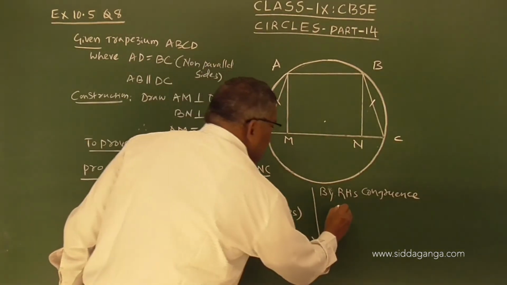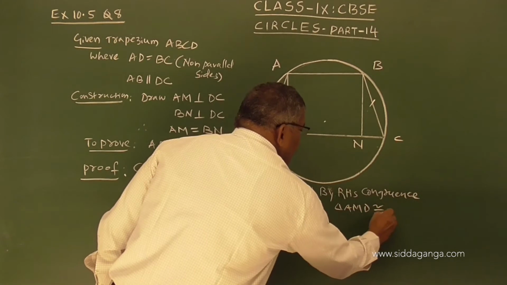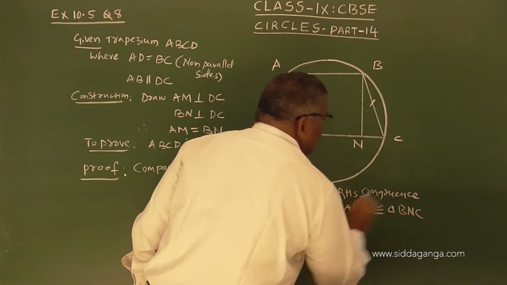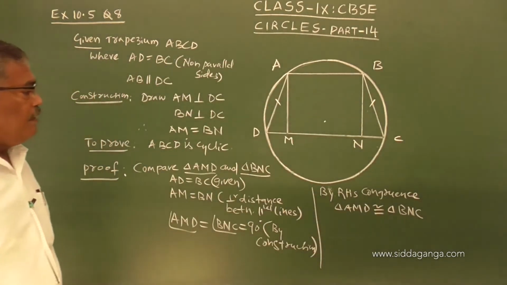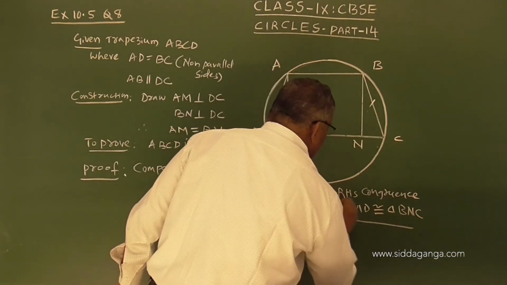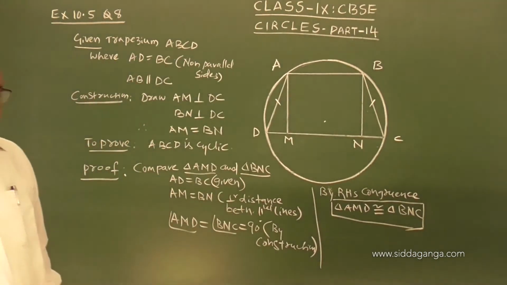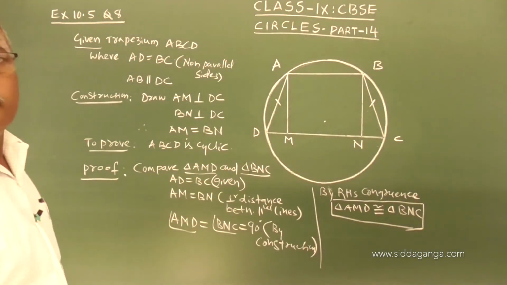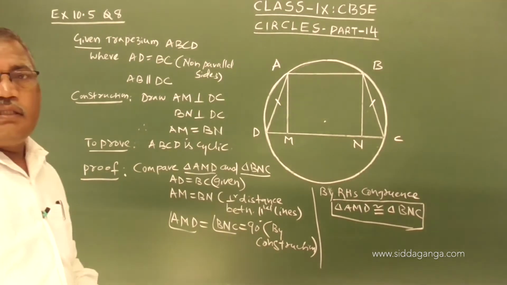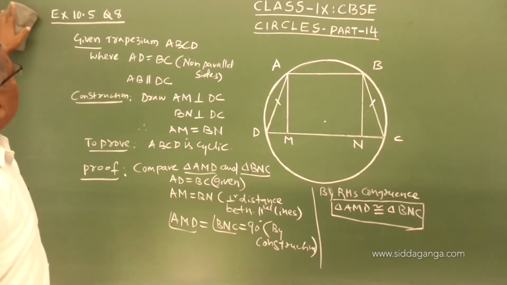So, triangle AMD is congruent to triangle BNC. So, we have proved that these two small triangles are congruent to each other. Now, I will erase the earlier portion and I will continue from the top.